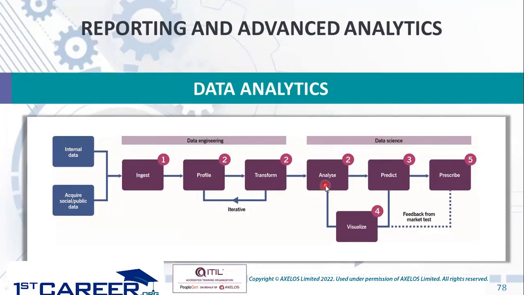Then the analysis program will read it and be able to understand the data. And based on the analysis, predictions can be made about the future. For example, profit predictions. And to meet those predictions, the system may also prescribe certain strategies, actions and improvement plans. At the same time, these predictions have to be visualized.